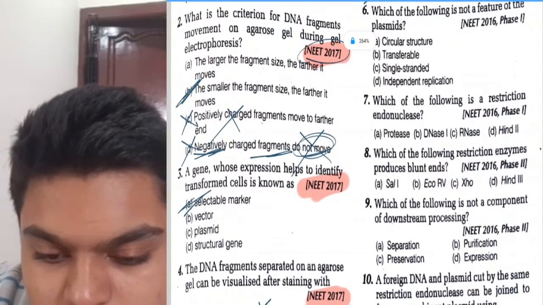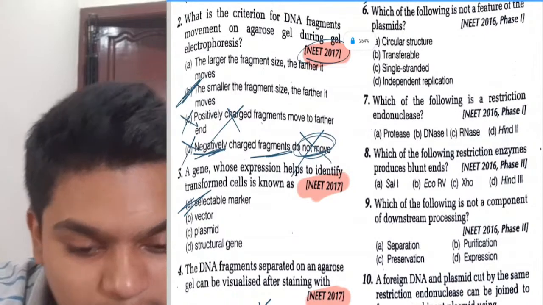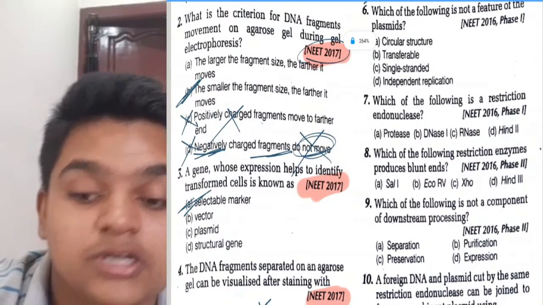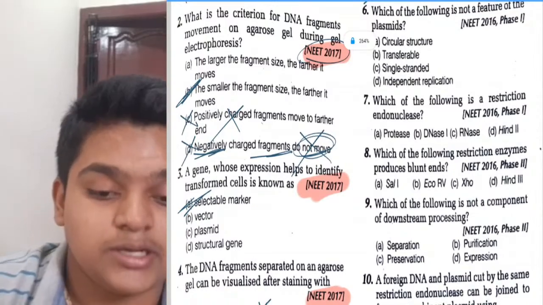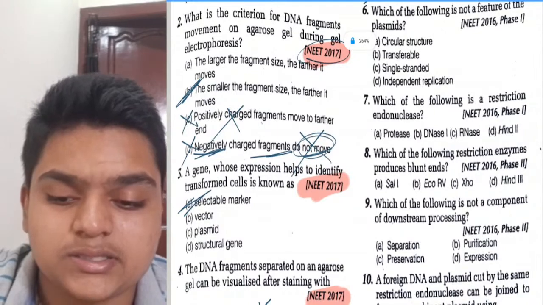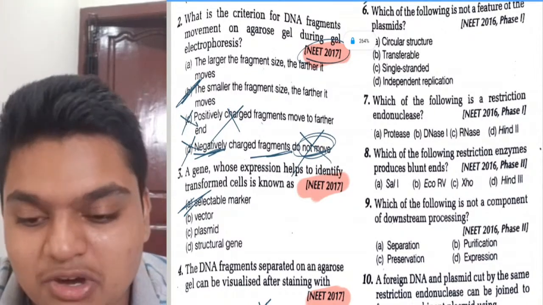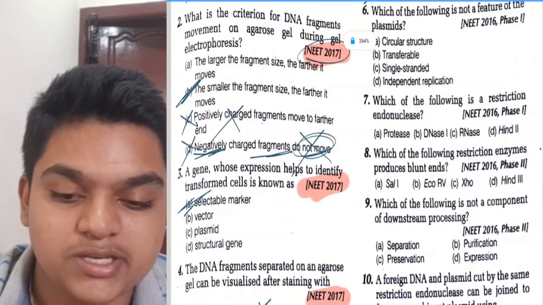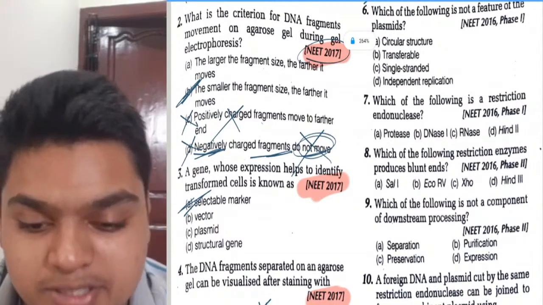No tough questions until now. Every question is easy until now. This question is very easy. No need for explanation, guys. Come on. Protease. Okay, I am giving you protease. It helps to digest proteins. DNase helps to digest DNA.